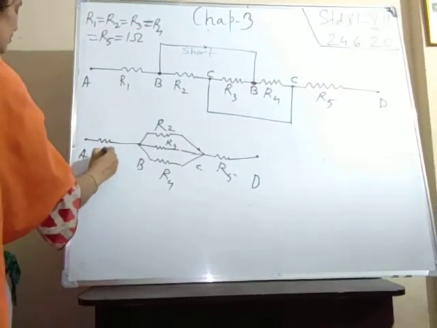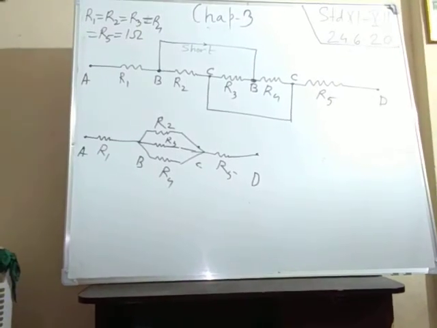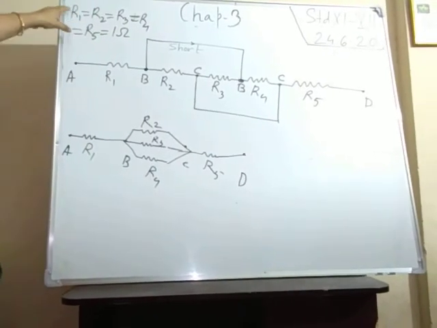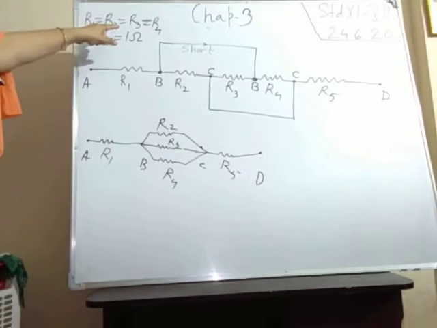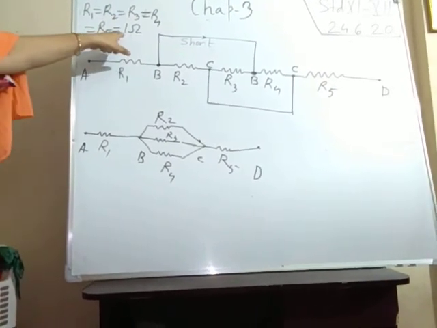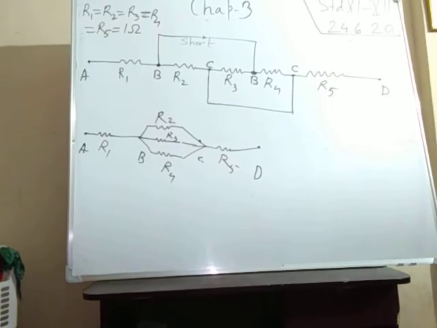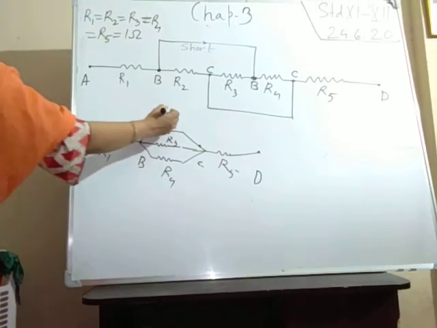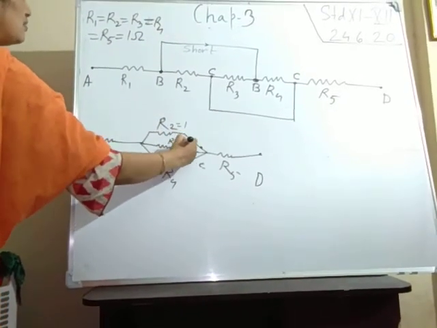Look, here I have given the value of R1 equal to R2 equal to R3 equal to R4 equal to R5. All have the same value, that is 1 ohm. So here all are 1.